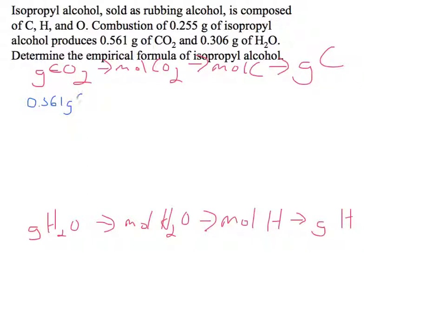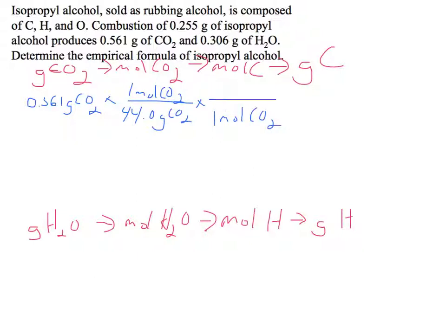What we're starting with is 0.561 grams CO2, and there are 44.0 grams of CO2 in 1 mole of CO2. In 1 mole of CO2, how many moles of carbon atoms are there? Well, there's just one.